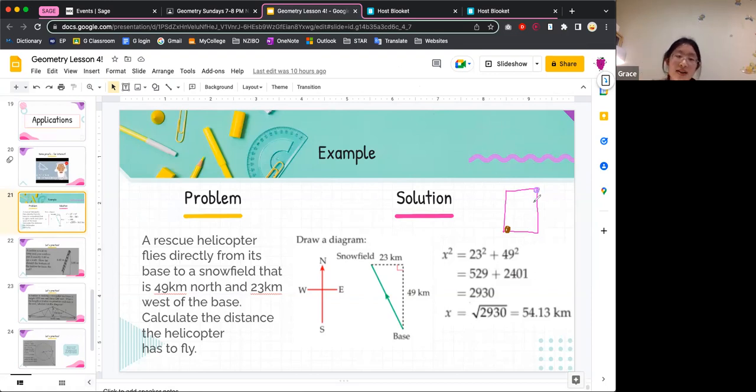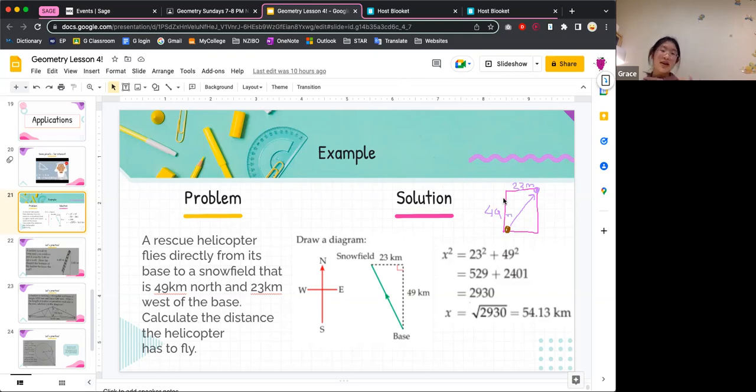Okay, and you want to find the shortest distance to get to your friend. Now the field, as you know, is 23 by 49 meters.